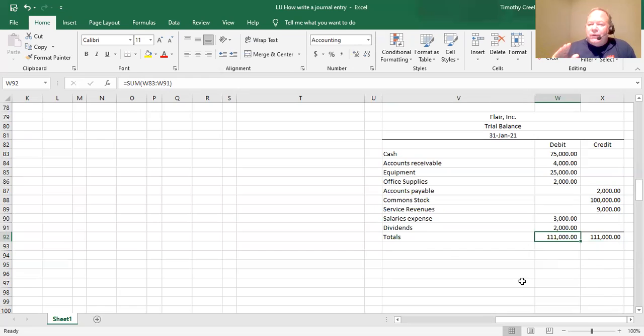Now, the trial balance would be completed at the end of the period after all of the regular transactions have been journalized and posted to the accounts. We would go in and do a trial balance that shows that basically all our debits and credits are in balance before we move on. Now, there would be other versions of the trial balance.